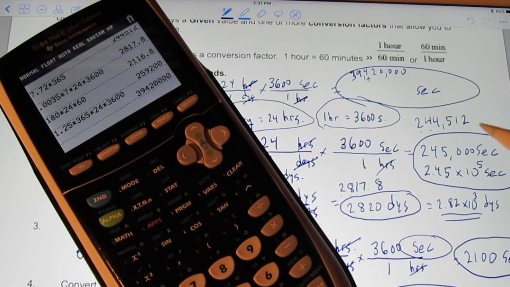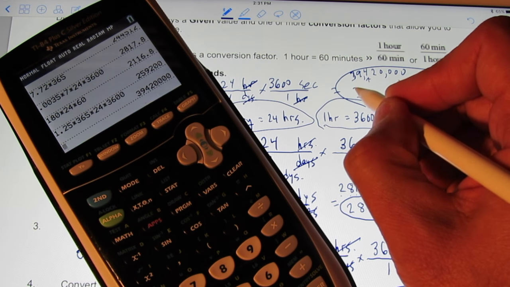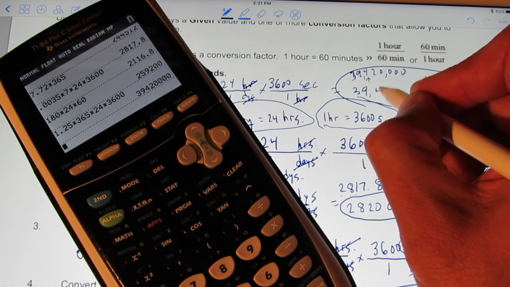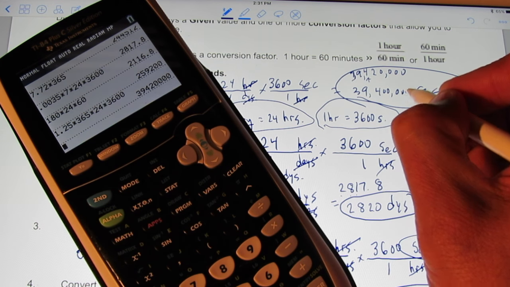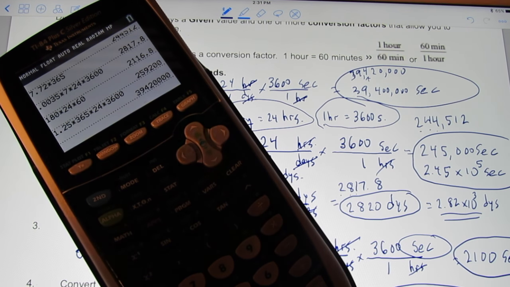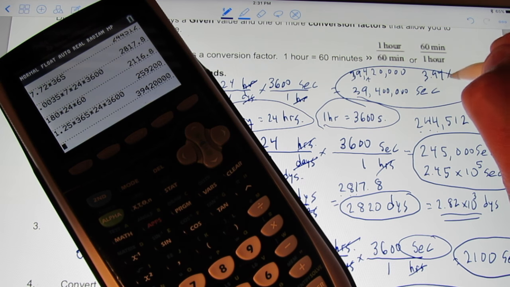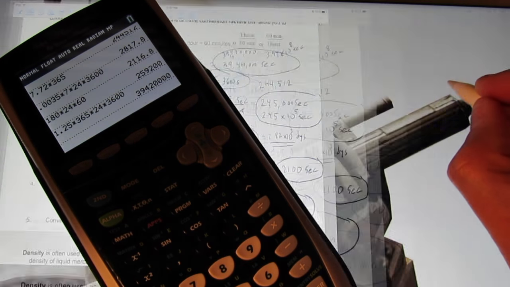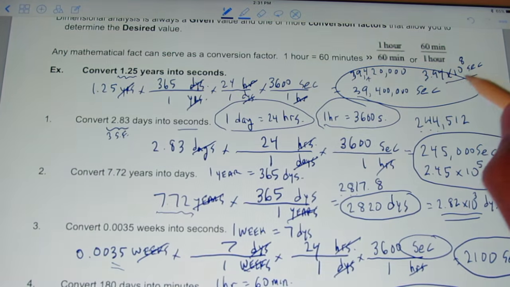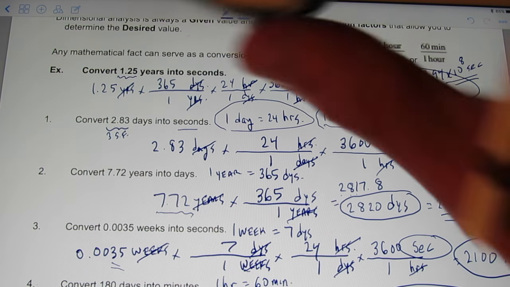Make a decision there. We'll keep that at 4. So we're going to say 39,400,000 seconds. Or you could have said 3.94 times 10 to the 8th seconds. That would also work just fine.